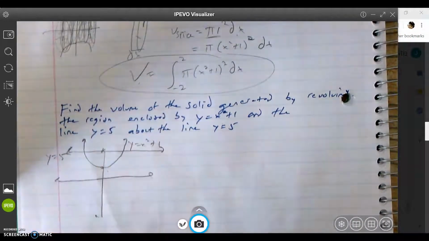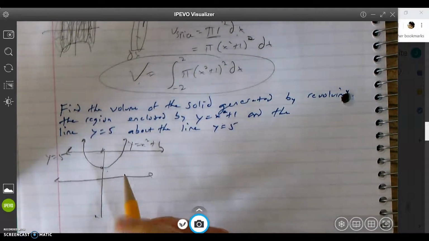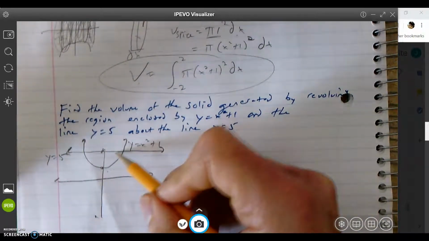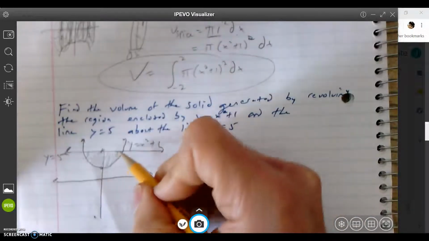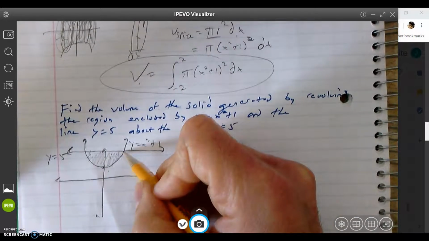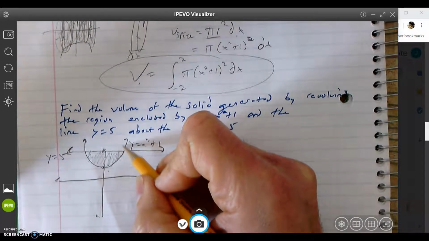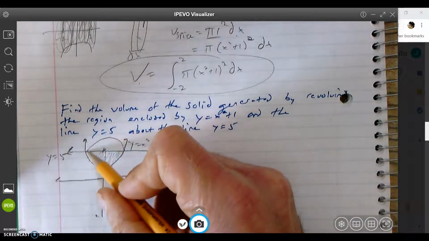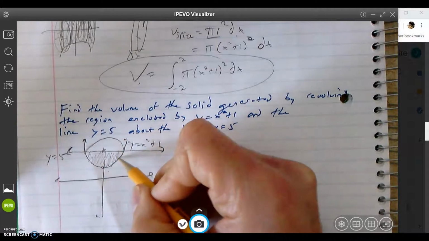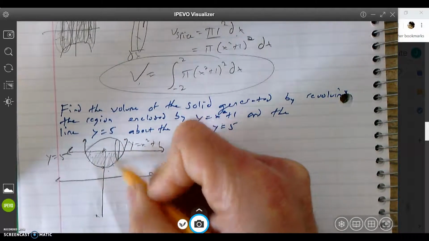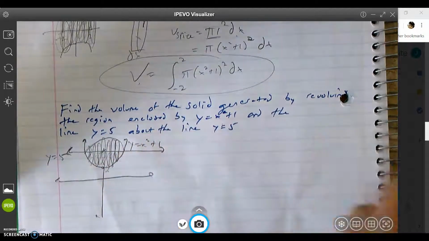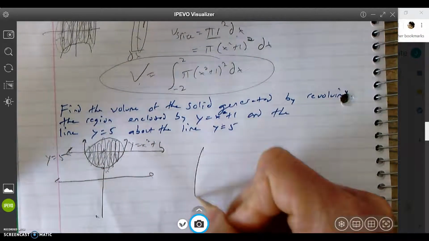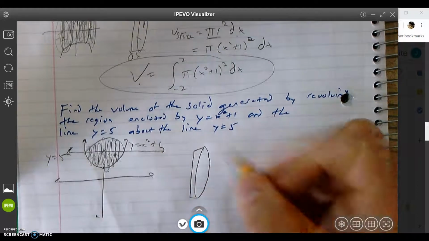Now I'm taking this area here and I'm revolving it around this line y equals 5. So now this right here is being revolved around this part right there. Okay, so let's draw a little slicey slice.